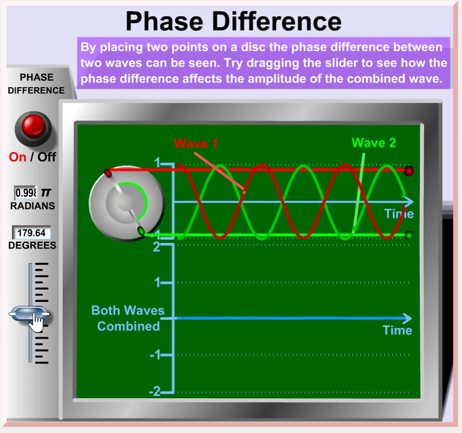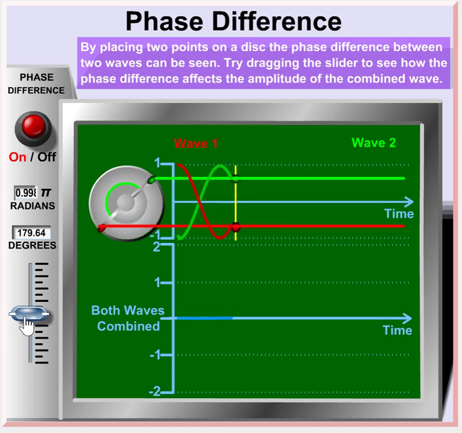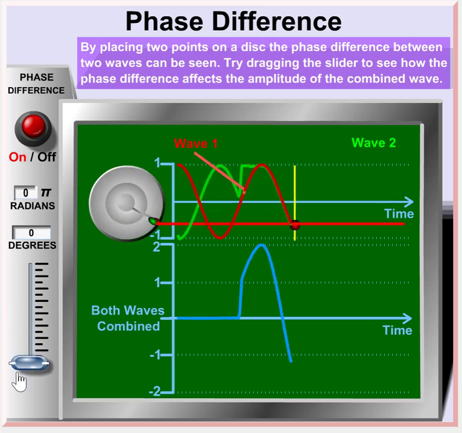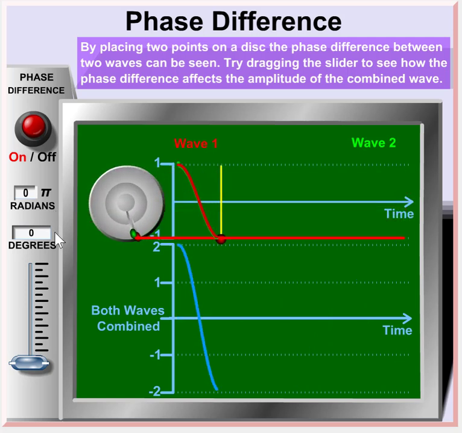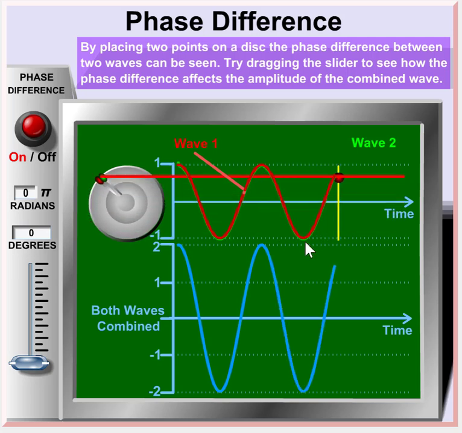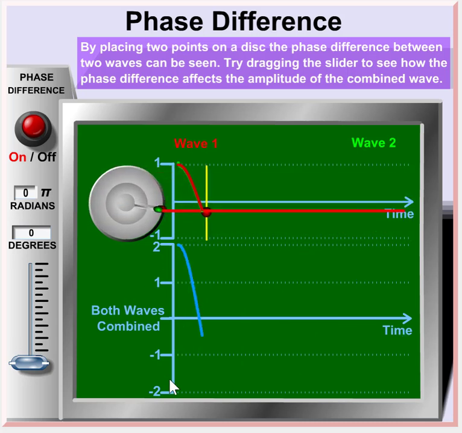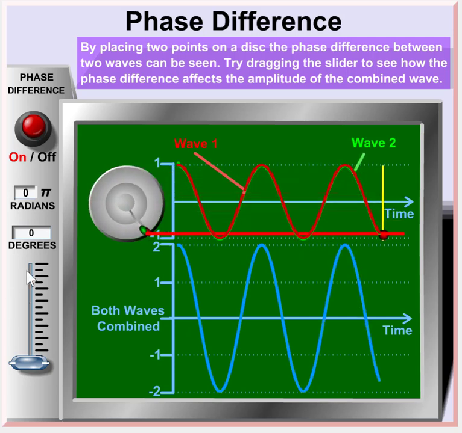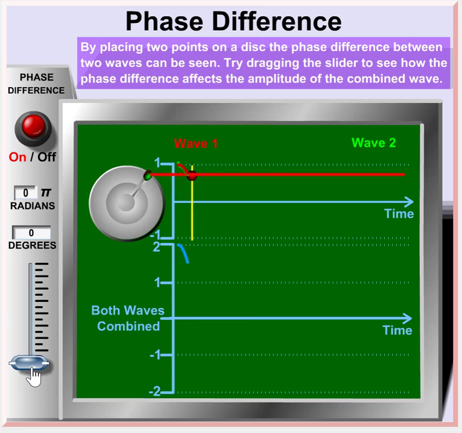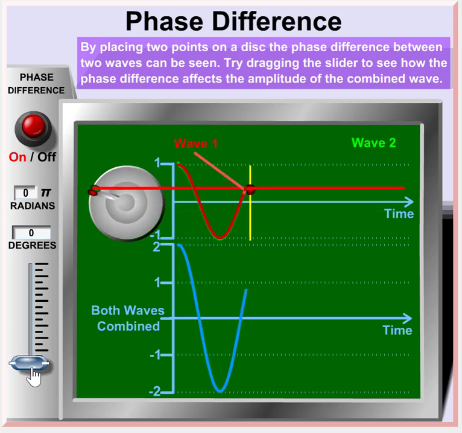If I change it so they're in the same location on the wheel, then they are in phase. 0 pi radians phase difference, 0 degrees phase difference, in phase. Now we have crest with crest and trough with trough. And so we have constructive interference, and indeed the superposition wave is maximized. So constructive interference means they are in phase.